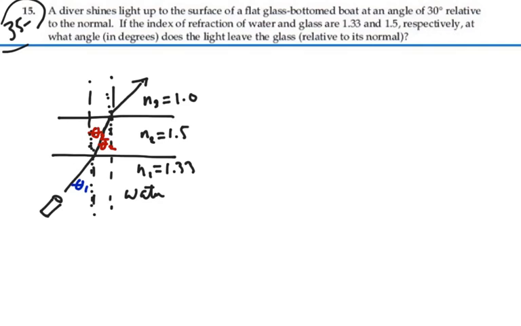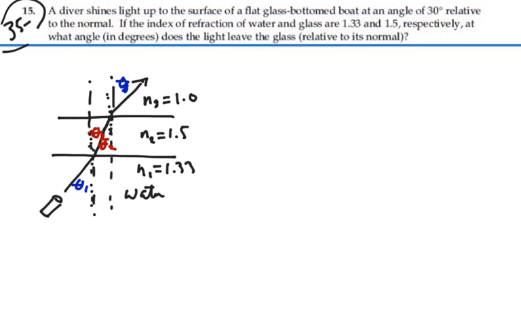So the angle of refraction into the glass will equal the angle of incidence out of the glass. And then we have an angle theta 3, which is our angle of refraction in the air.